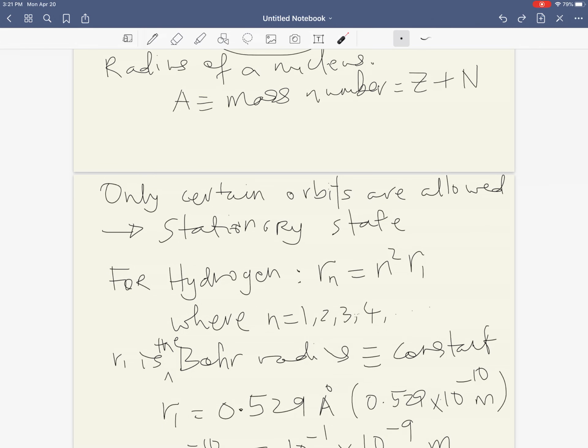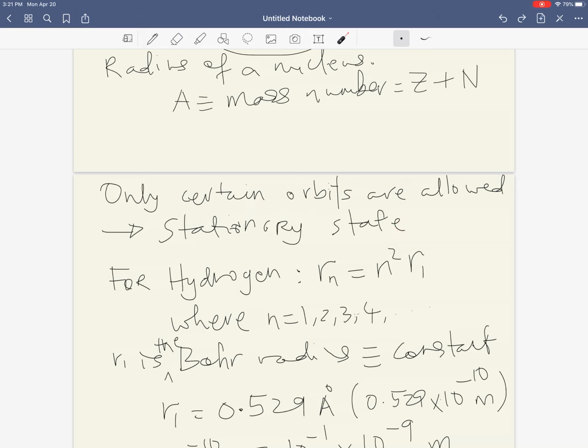Whereas in Rutherford's model, the electrons could occupy orbits that had any radius. In the Bohr model, only certain orbits are allowed. This is very important. Only certain orbits are allowed. And if an electron is in one of these allowed orbits, then the electron is said to be in a stationary state.